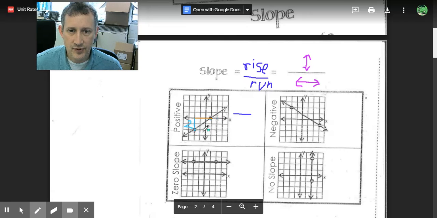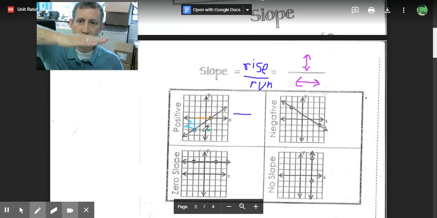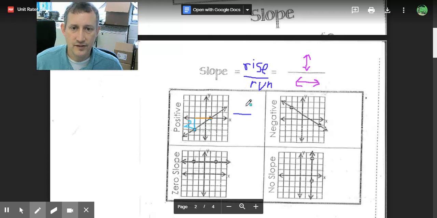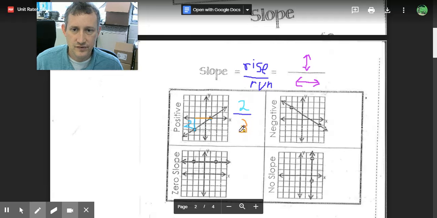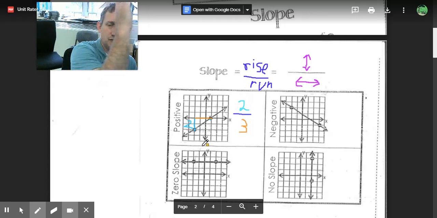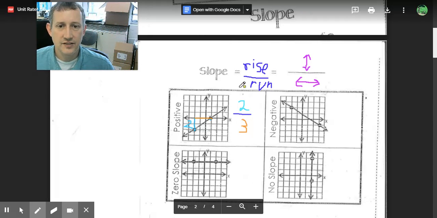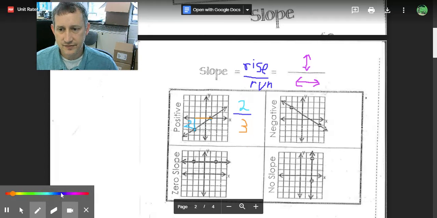From this point to that point, I've gone up 2 of these lines, 2 of these lines going up vertically. So 2 is going to go on the top, and 3 is going to go on the bottom, because you can see from this point to that point, I moved along 3 points, scooting along from left to right. 2 over 3, and that's positive.